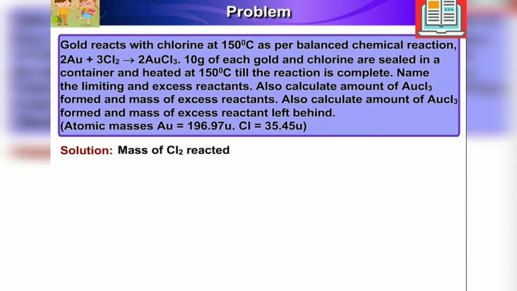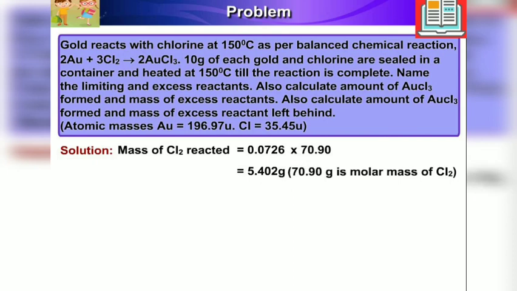Mass of Cl2 reacted is equal to 0.0762 multiplied by 70.90, which is equal to 5.402 grams. 70.90 grams is the molar mass of Cl2.